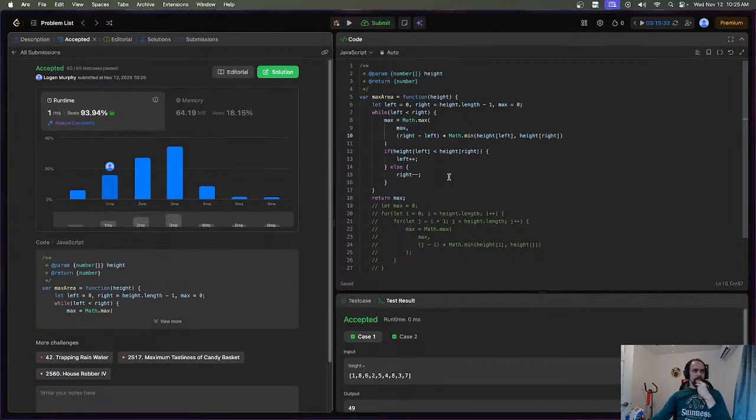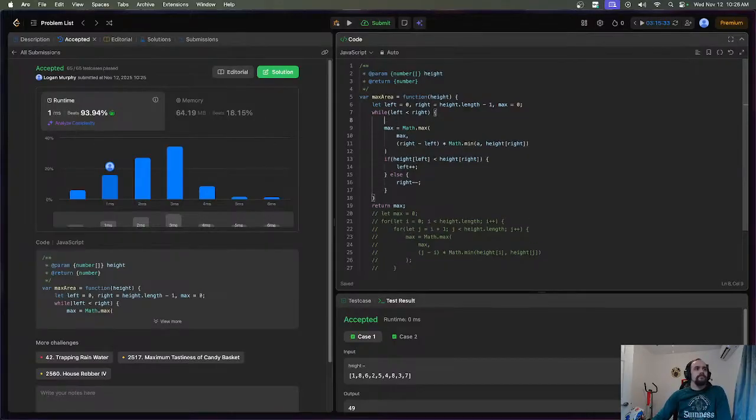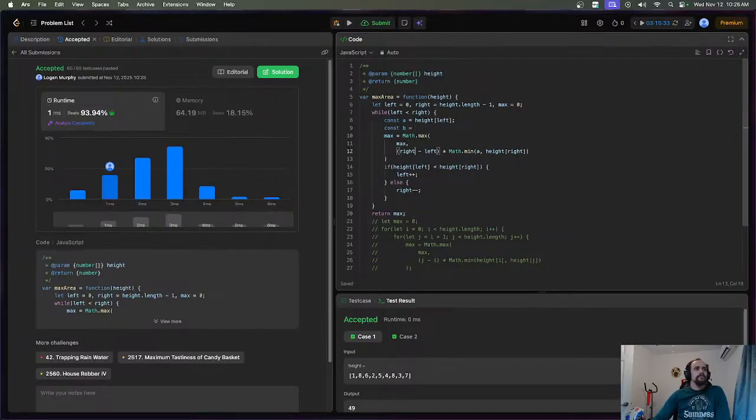Oh, there's a way to run it faster. I might just be getting unlucky though. Who cares about the n squared algorithm?